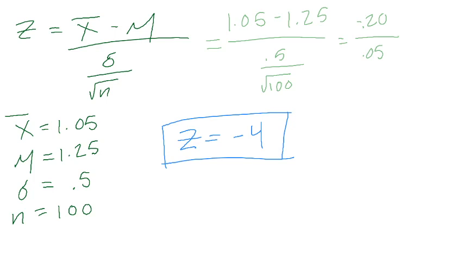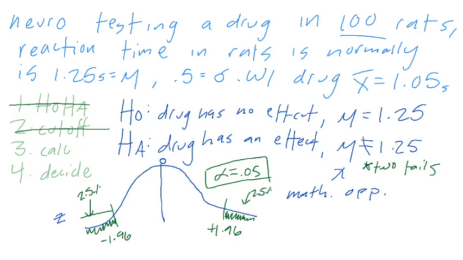Remember this isn't exactly the same as using z-scores before. Z is not going to be an exact direct reflection of our standard deviation units around the mean because we're combining information from both the sample and the population, but no less. What we want to do is take this -4 value and pop back over here to our curve.